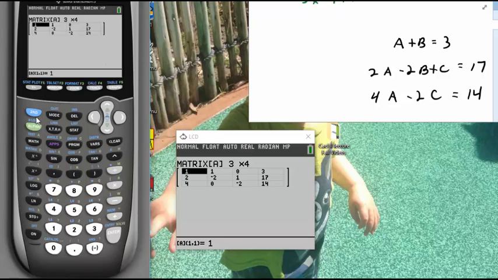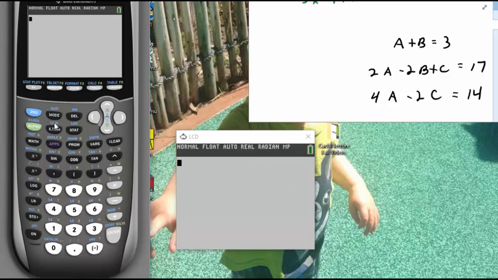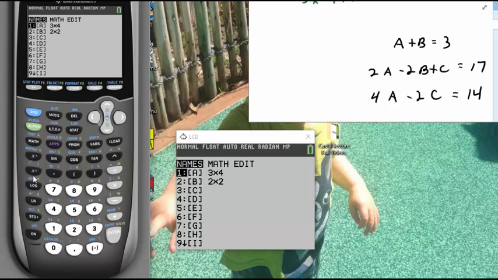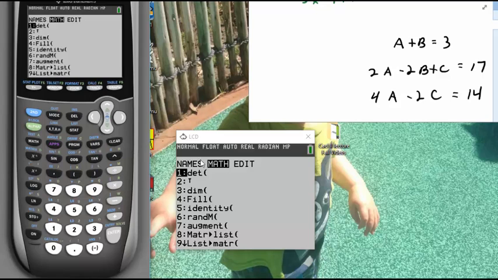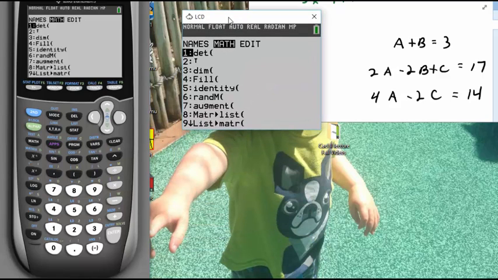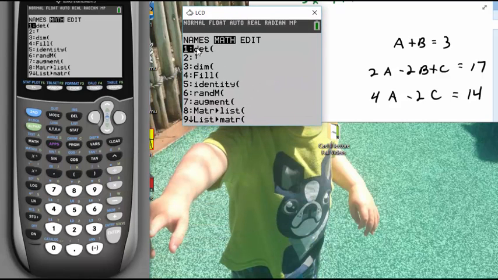Okay. And then exit out of there completely. Now go back into the matrix menu. You have to go second function quit to exit out completely. Go back into matrix. It seems like we're spinning our wheels, but that's how you have to do it. And over to math. I haven't talked a whole lot about this yet, but we couldn't find the determinant of this matrix because it's not square. In order to find a determinant of a matrix, it has to have the same number of rows as columns. But there it is, if you're wondering where it was, under the math menu.